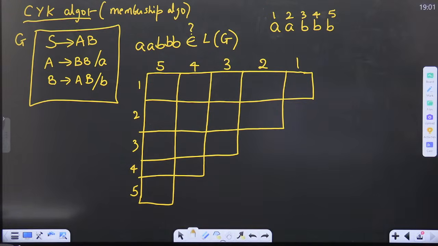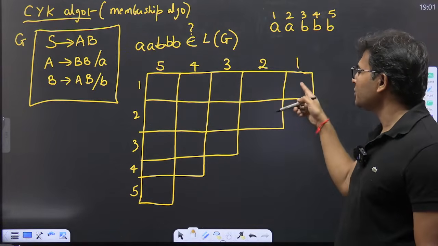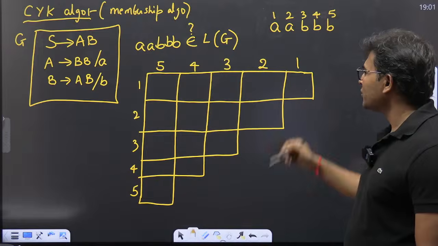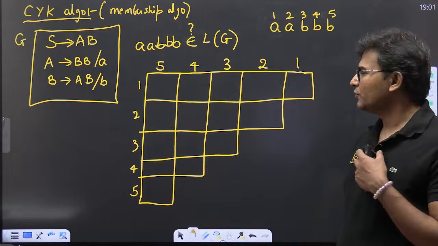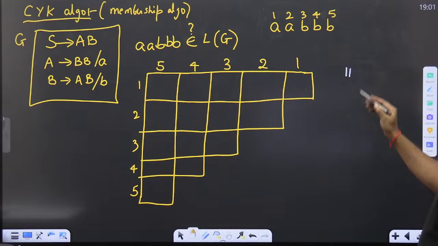So what does this cell mean? Row is 1, column is 1, right? So we call it 1, 1. 1, 1 means 1 to 1.